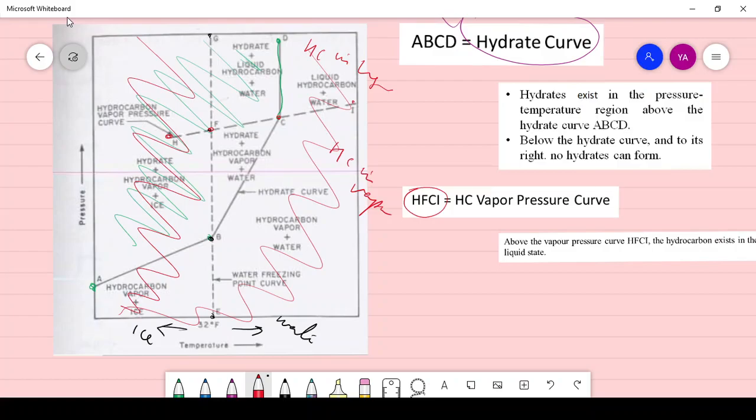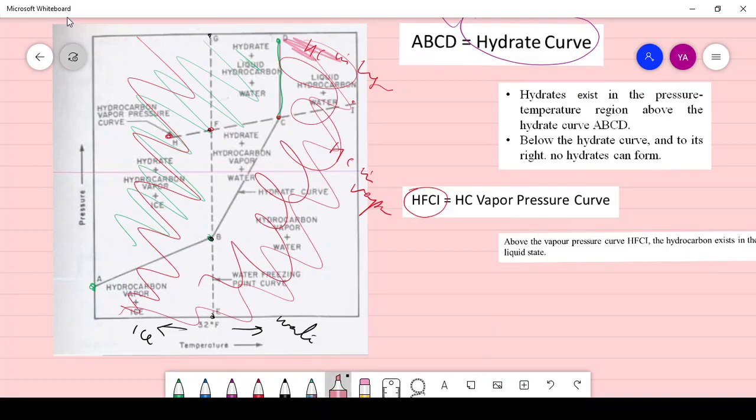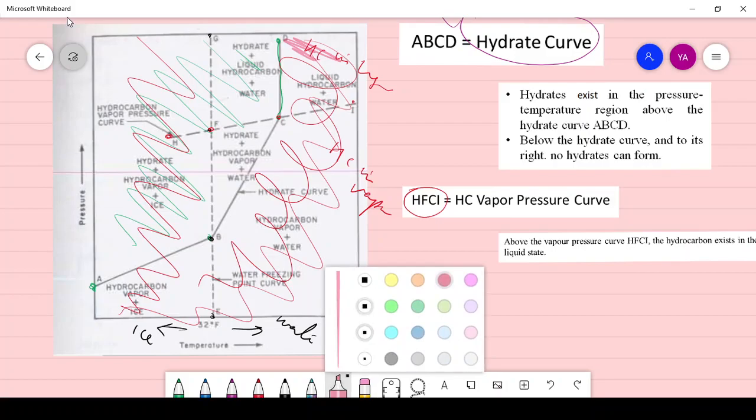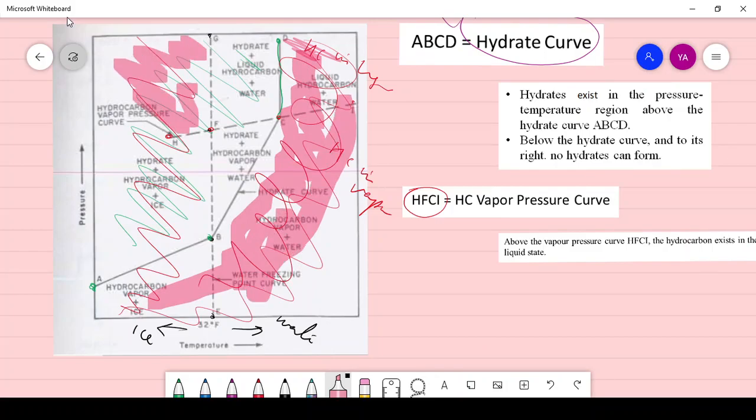All these red colored regions, if I mark them with this color, are the regions where no hydrates are formed, and these are the regions that are rarely encountered.